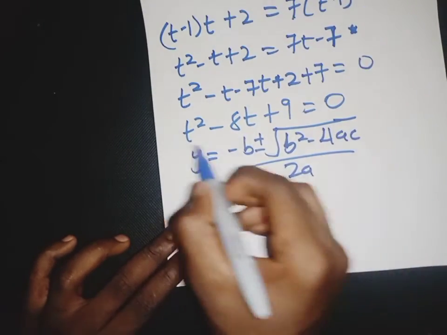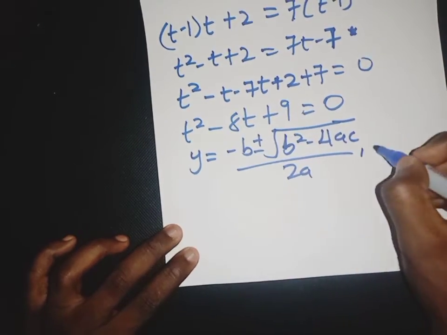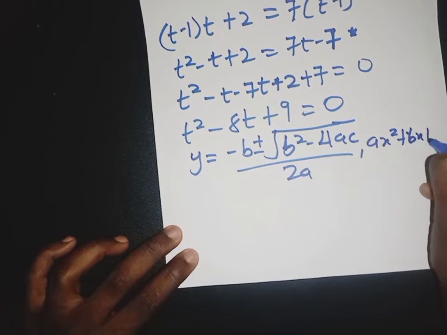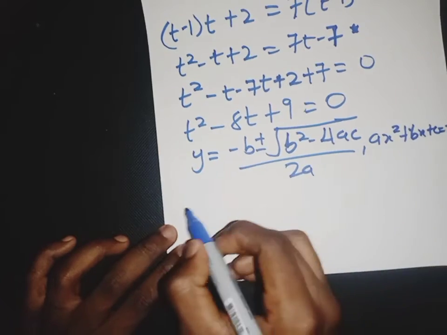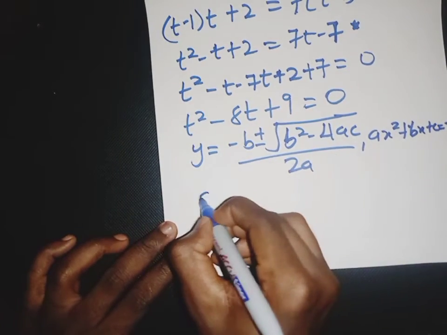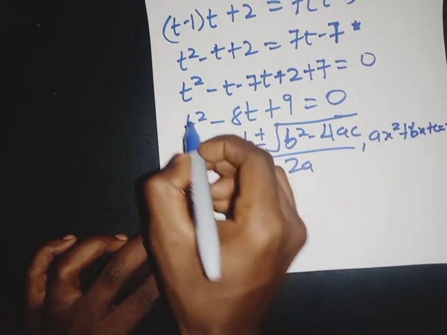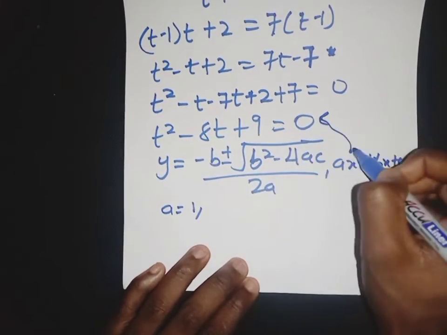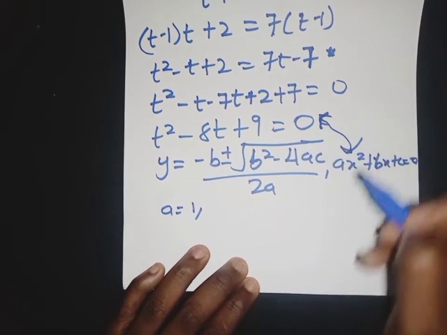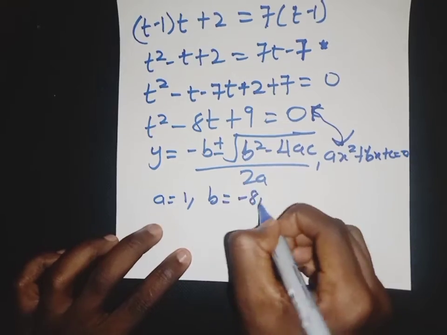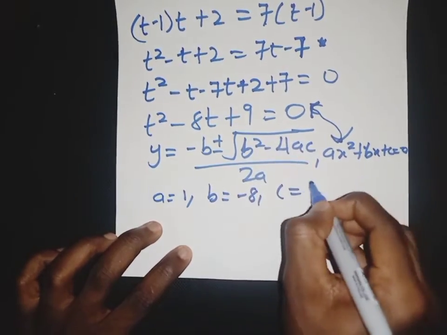If we compare the whole thing with a t squared plus b t plus c being equal to 0, the coefficient of t squared, which is a, is just 1, b is equal to minus 8, and c is just 9.